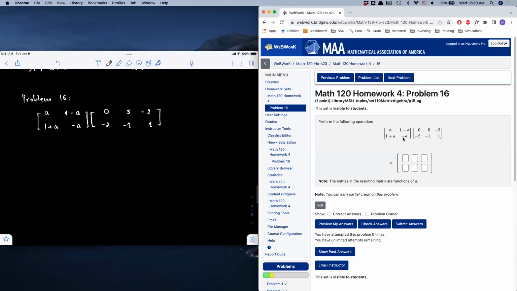All right. So this is a 2 by 2 matrix. This is a 2 by 3 matrix. So the resulting matrix should be a 2 by 3 matrix. So we need 6 calculations here.